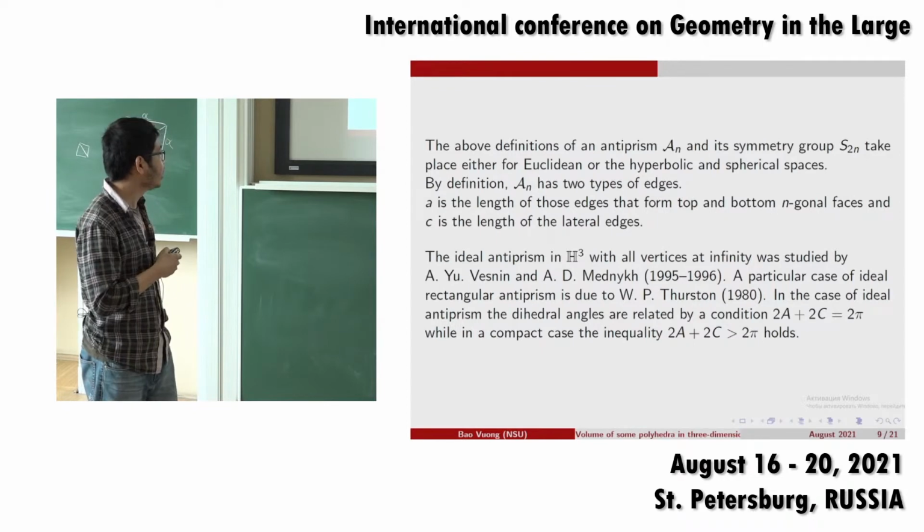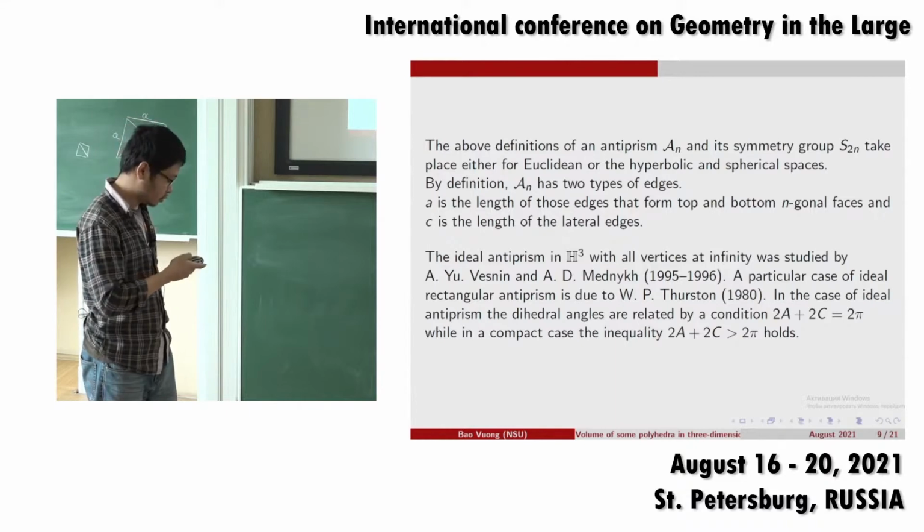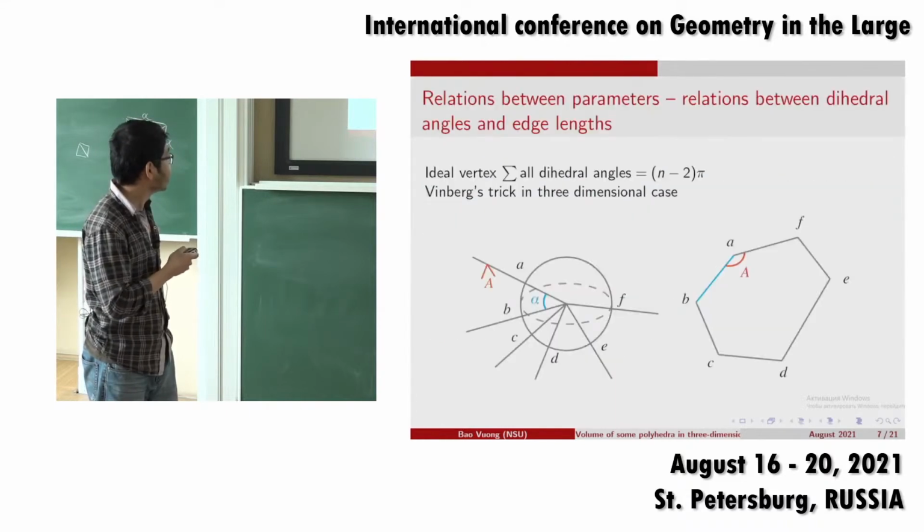In the ideal case, it was studied by Vesnin and Mednykh, and the ideal rectangular antiprism is due to Thurston. In the case of an ideal antiprism, the dihedral angles are related by the condition 2a plus 2c equal to pi, as in the previous case.